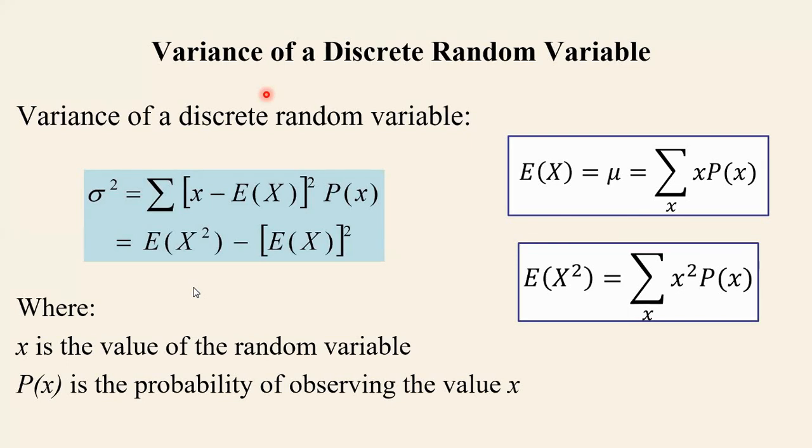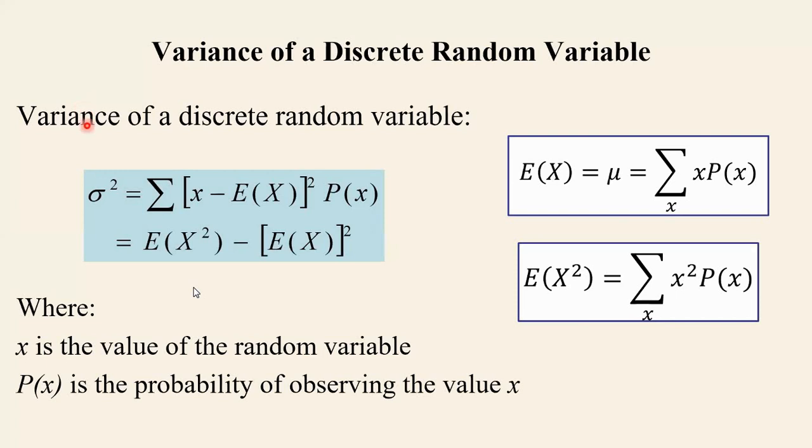The squared deviations from the mean value, that is the variance. So here, x minus expected value of x is the deviation from the mean value, because here expected value of x is the mean value.